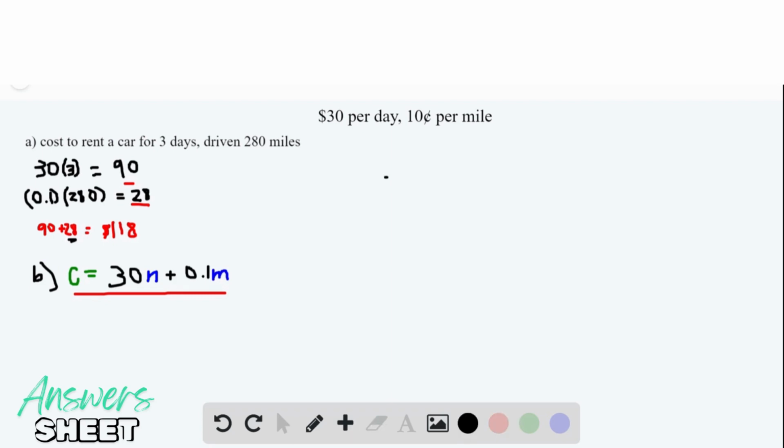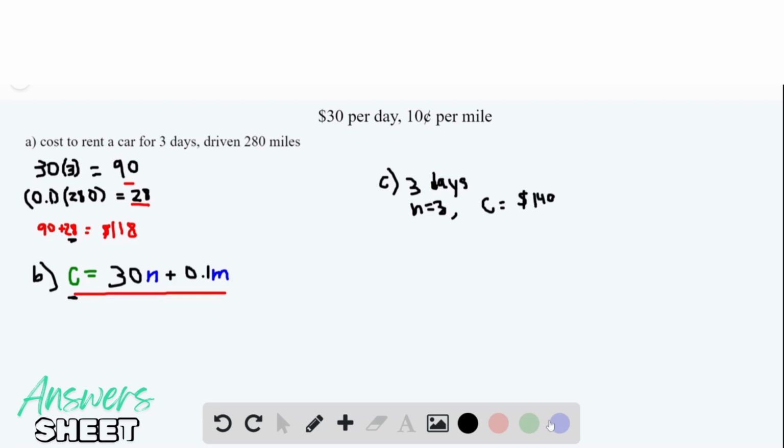And then finally part C is asking us that if the cost for a 3-day rental was $140, so we'll say 3 days, which means that n equals 3. And then the total price, so that means C, according to our function that we found in part B over here, our C is given as $140.